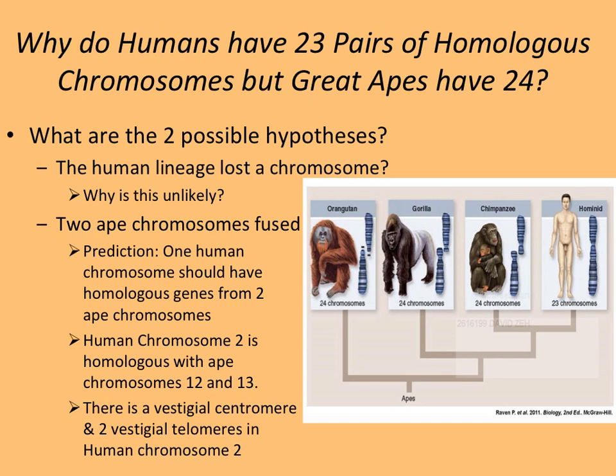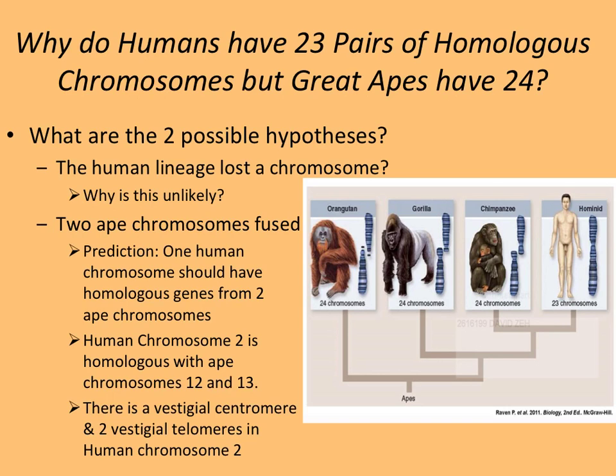Okay, so it turns out homologous chromosomes have something called the centromere in the middle, and at the ends of each chromosome arm they have what are called telomeres. Well, it turns out the telomeres of human chromosome 2 actually fused and created another centromere.